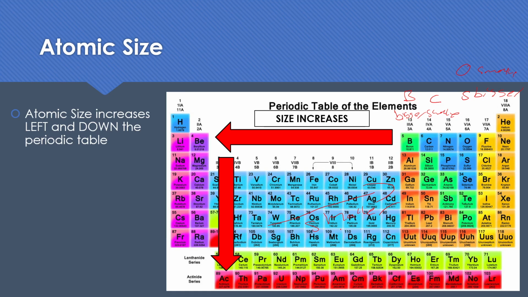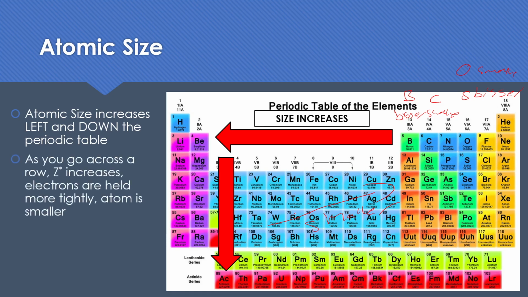The reason for this is that going across the table, Z star, the effective nuclear charge, goes up. Meaning the same electrons see more protons, see a larger positive charge, so they're held tighter. As you go this way, the electrons are being held in closer and closer, and so you have a smaller atom.